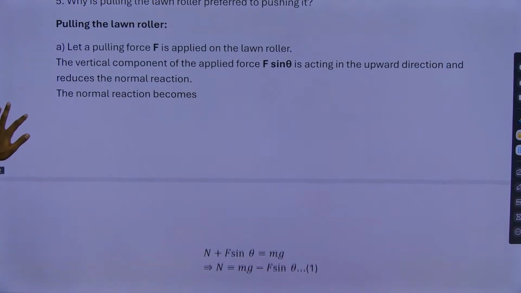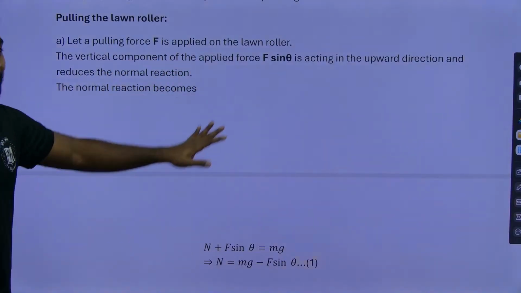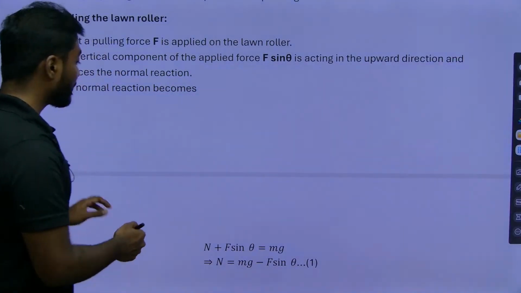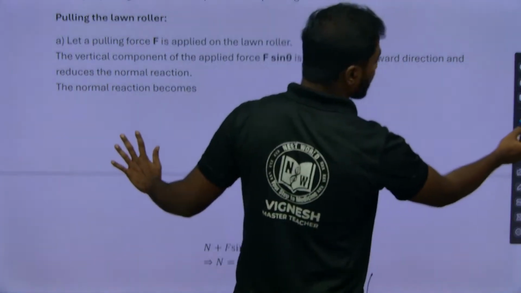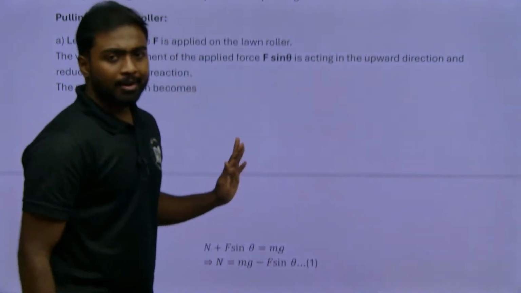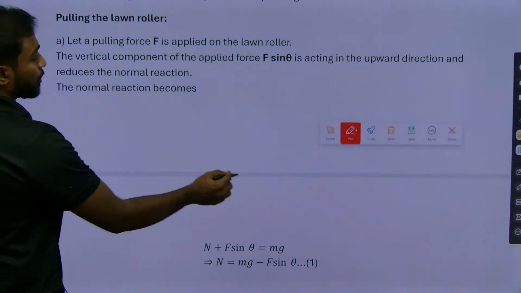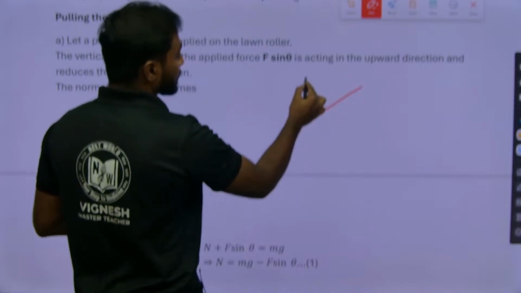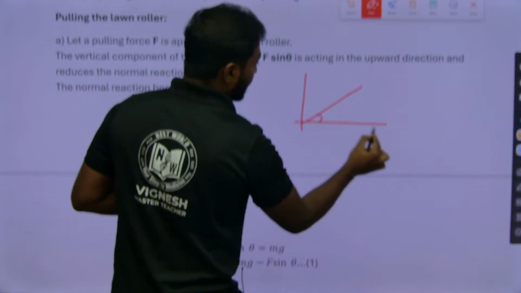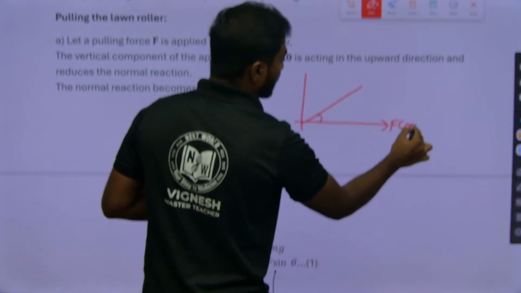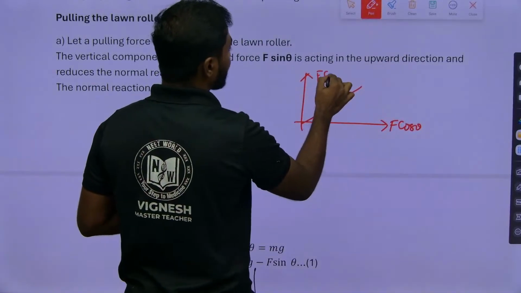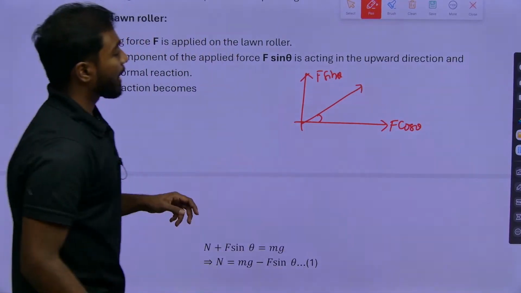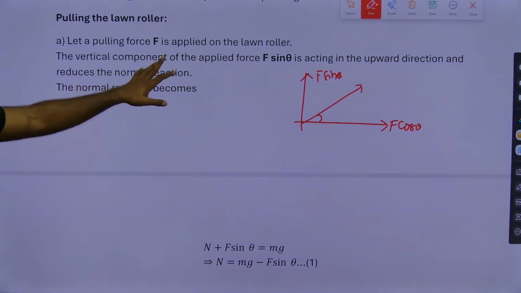So the vertical component of the applied force is F sin theta. What is the vertical component they are saying? Vertical component means along the y axis, right? So when we are pulling the lawn roller, it will be F cos theta, and upward it is F sin theta, acting in the upward direction and reducing the normal reaction.